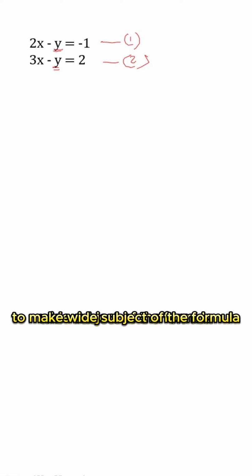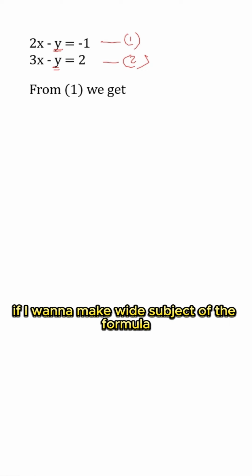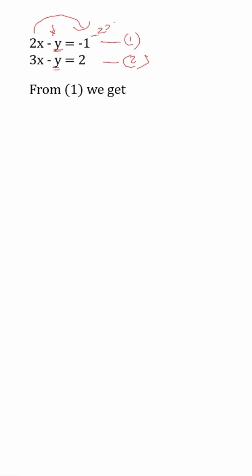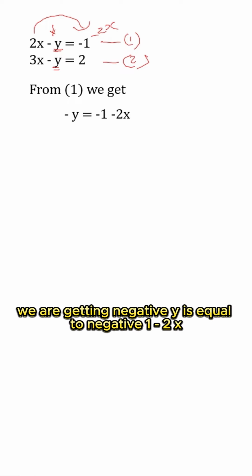So from equation 1, if I want to make y the subject of the formula, I'll leave y on this side and I'll take this positive 2x and bring it to the other side, and it will become negative 2x. So from equation 1, we are getting negative y is equal to negative 1 minus 2x.